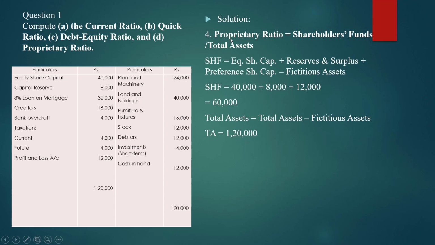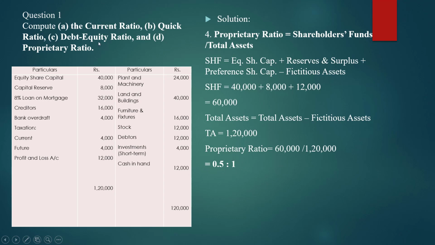We can put it in the proprietary ratio. Proprietary ratio is equal to 60,000 divided by 1,20,000. 60,000 is the shareholders fund, 1,20,000 is the total assets. While calculating, we get the value as 0.5:1. So the proprietary ratio is 0.5:1.